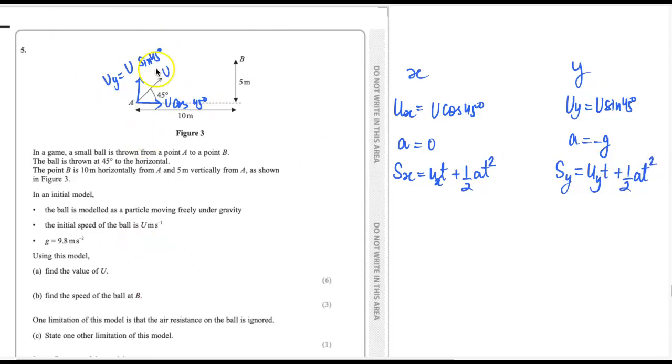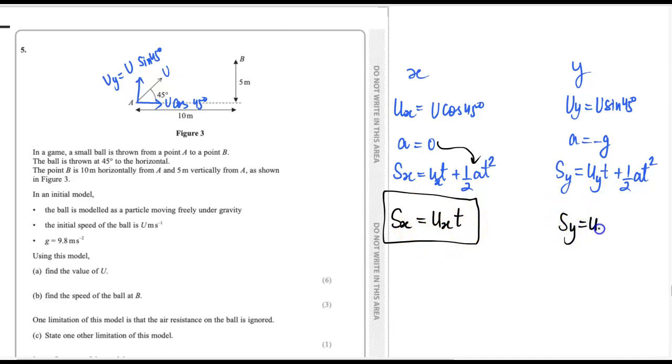We know nothing about t, that's fine. Because acceleration is 0 horizontally, that term becomes 0, so overall Sx is ux t. You need not show all this, you can keep this formula in mind. Sx is always ux t and sy is uy t minus half g t squared. Acceleration is negative, so we get this.